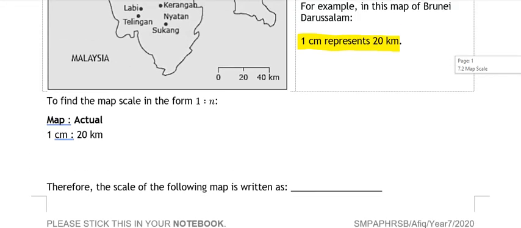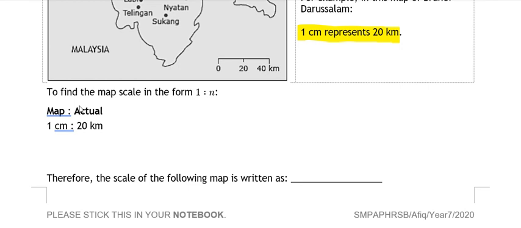When you try to find the map scale in the form 1:n, map is to actual, remember here 1 centimeter is to 20 kilometers. But when you try to simplify this, you have to make sure that both quantities are in the same units.